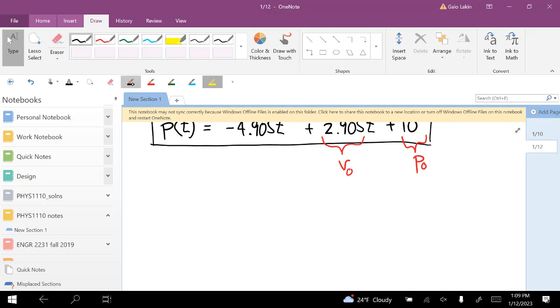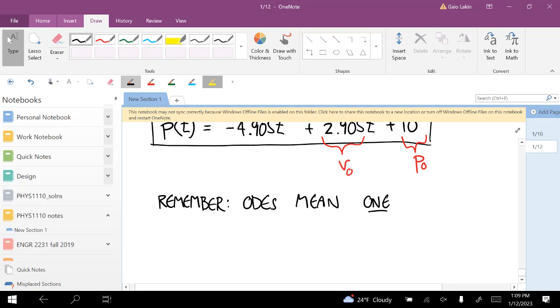Okay, so that is separation of variables. Ordinary differential equations. So remember, ODEs mean one independent variable.